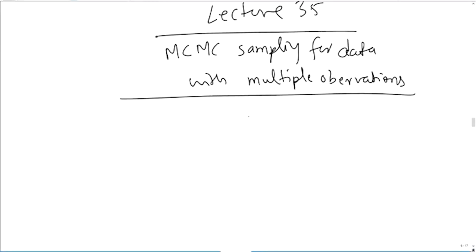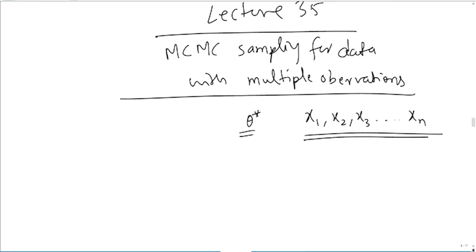Let's say you have some proposal theta star, or any current state theta i, whatever, your proposal theta star, and your data points x1, x2, x3 up to xn. So these are data points and this is, let's say, a proposal. My goal is to calculate the joint likelihood of theta star given all these observations.